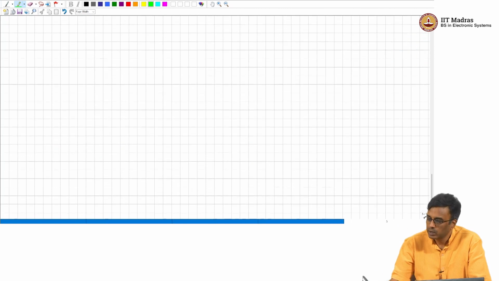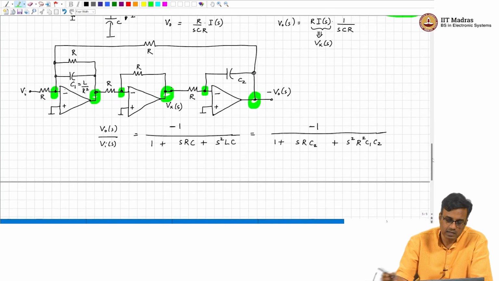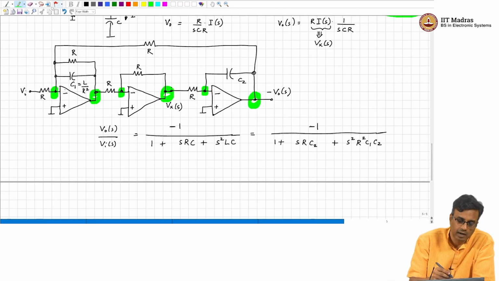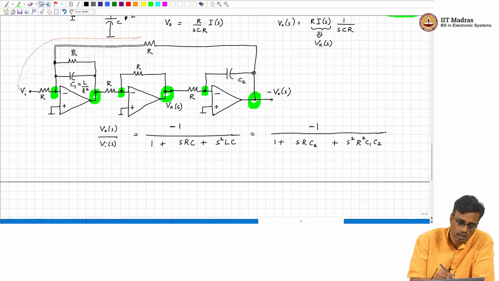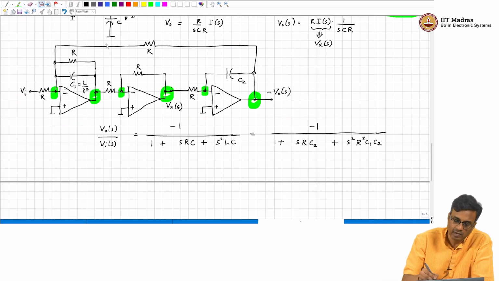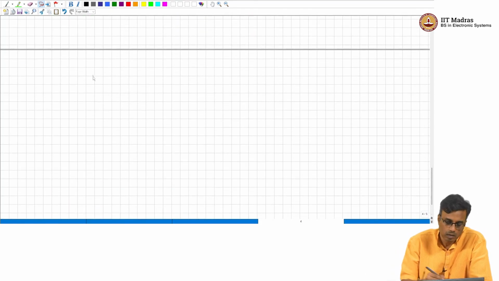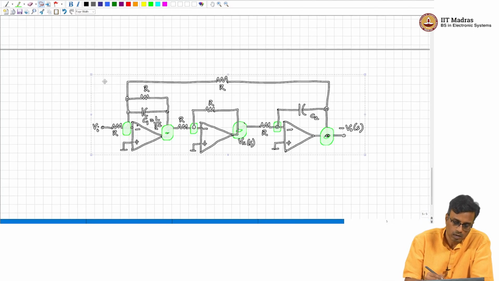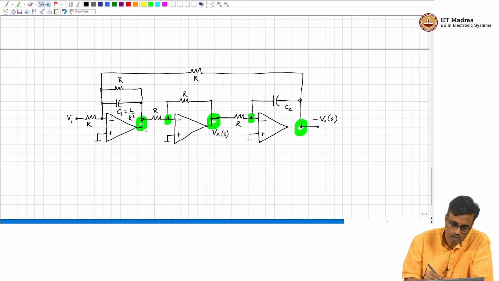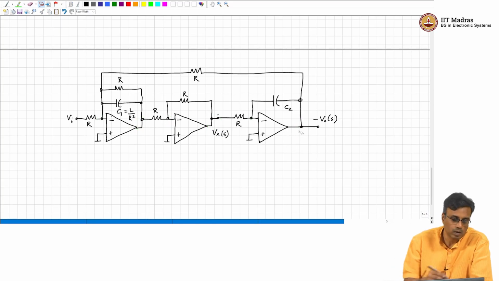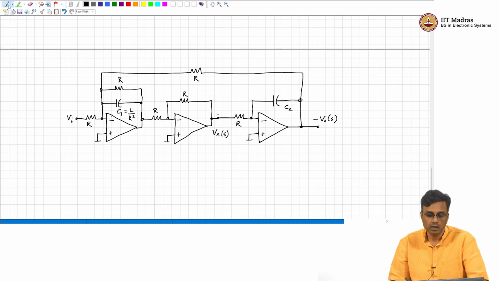Now, let us stare at the circuit and get some intuition. Let us say this is the first time you have ever seen this circuit, and they ask you what the DC gain of the circuit is.